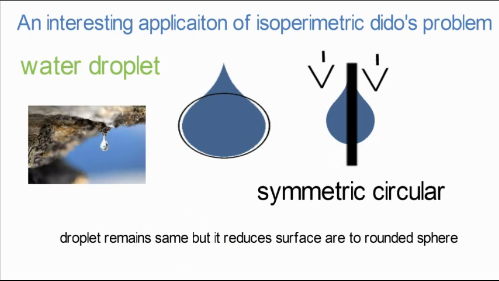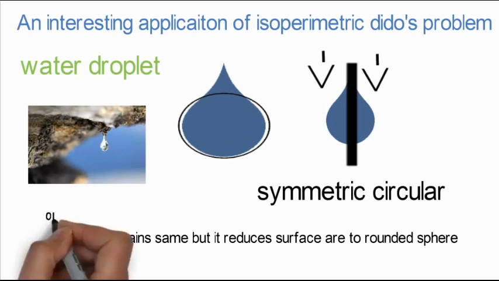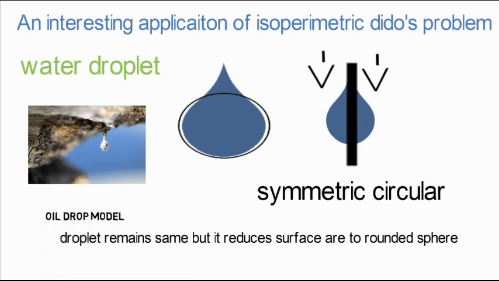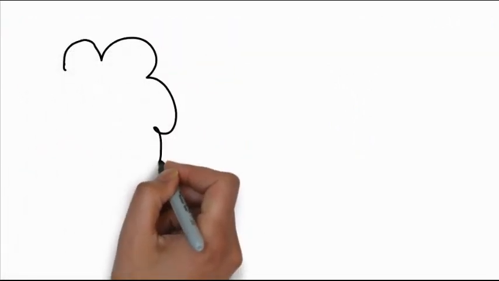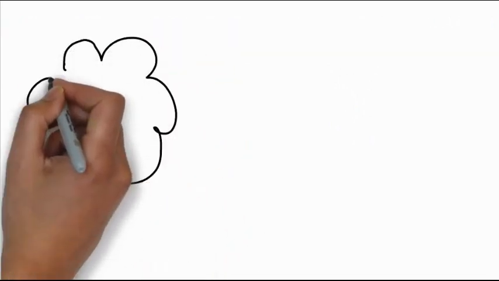And this was applied in the concept of the oil drop model or liquid drop model, which is very useful for calculation of volume of electron or power of electrons, also in the case of protons.